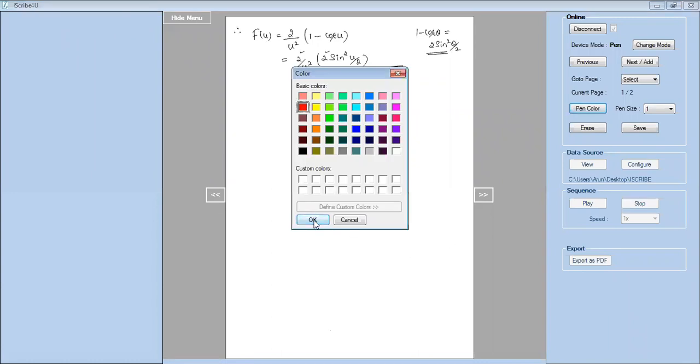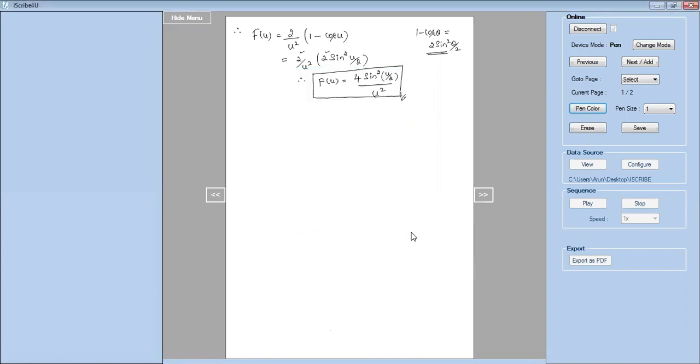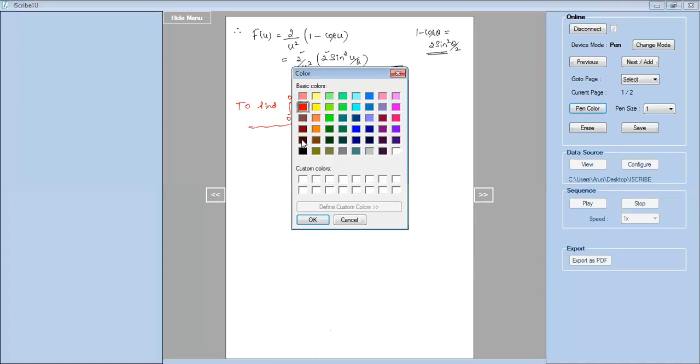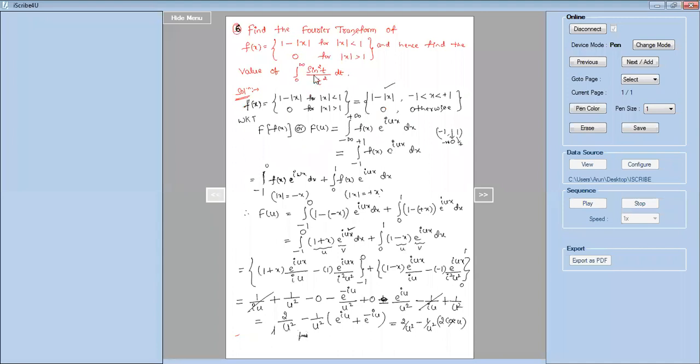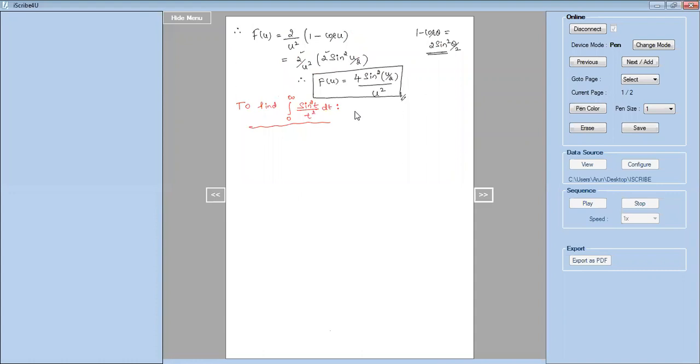So to find the value of integral 0 to infinity sin square t by t square into dt, I want to find the value of this definite integral using what? Inverse Fourier transform. Right. So to find the value of this definite integral, we have to apply inverse Fourier transformation. So let us use inverse Fourier transformation and find.